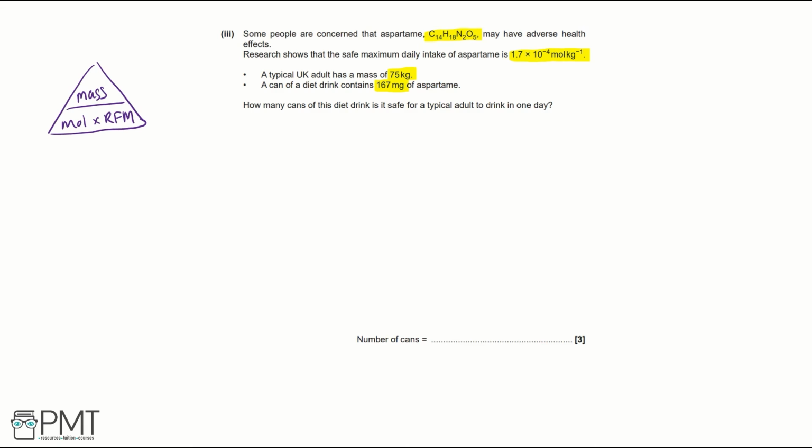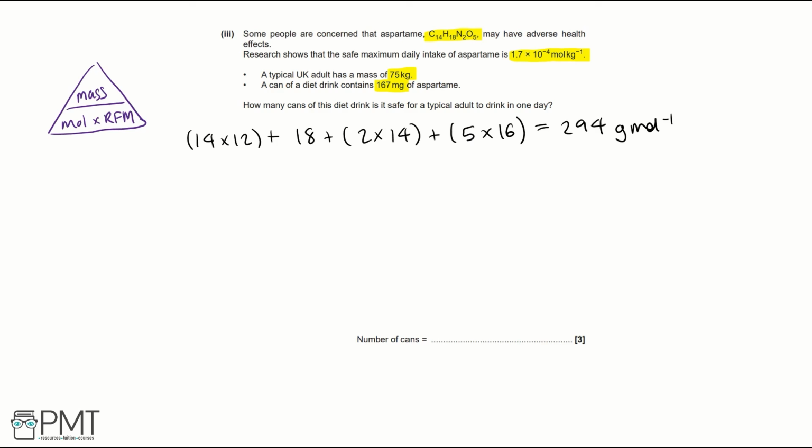Working out the relative formula mass of aspartame, that's going to be 14 times 12 plus 18 plus 2 times 14 plus 5 times 16, which equals 294 grams per mole. Now we're going to use this equation triangle to work out the moles in 1 can.